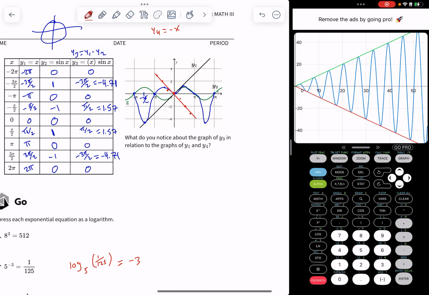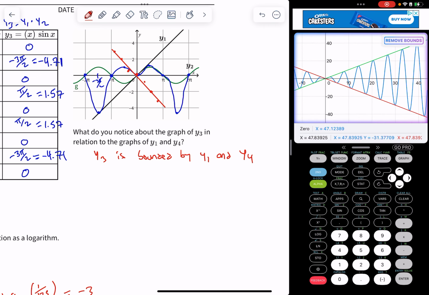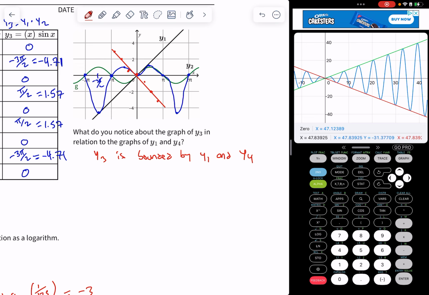So that's so cool actually. So y3 is bounded by y1 and y4. I think that's phenomenal. Yeah, that's what you can say. Cool. Okay.